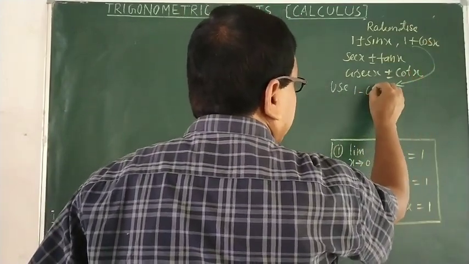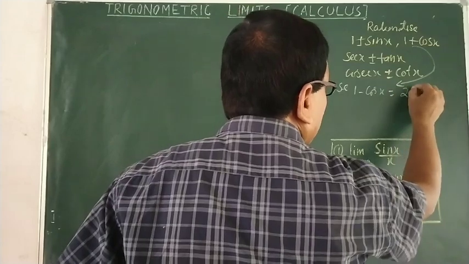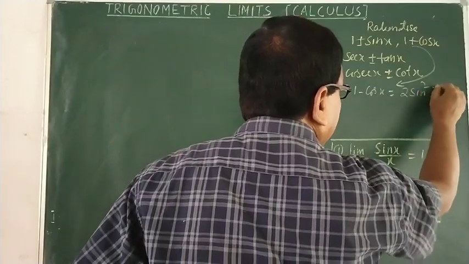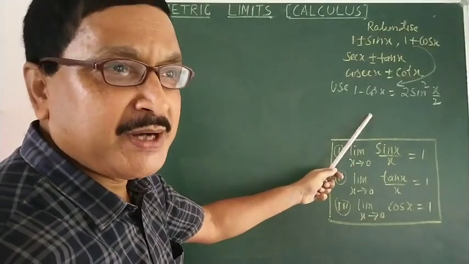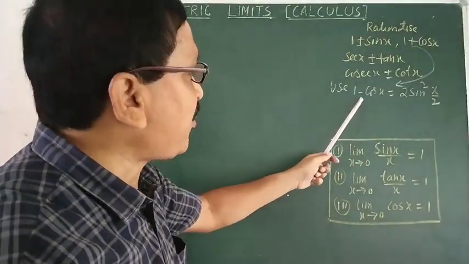1 minus cos x is equal to 2 sin square x by 2. I have provided the study material in trigonometry about this formula.